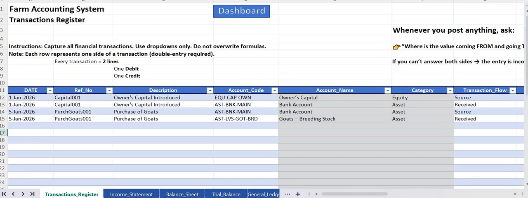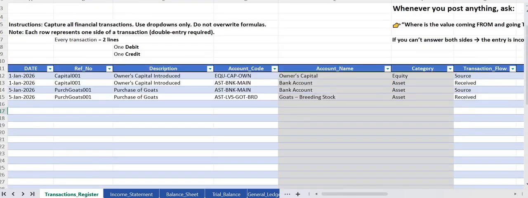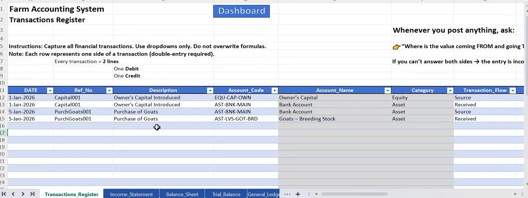We are still busy with the transactions register, and in the last video, we looked at how we can record the purchase of livestock. We used goats as the livestock in this case, but the process remains the same when we purchase any other livestock. We just come and change the recipient account here.